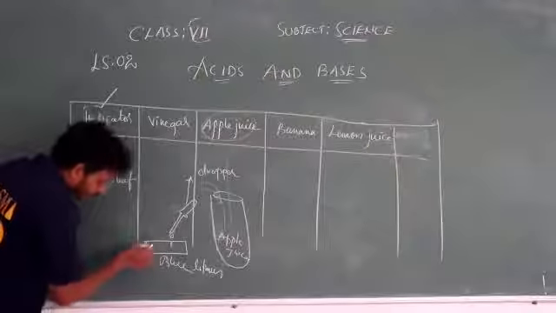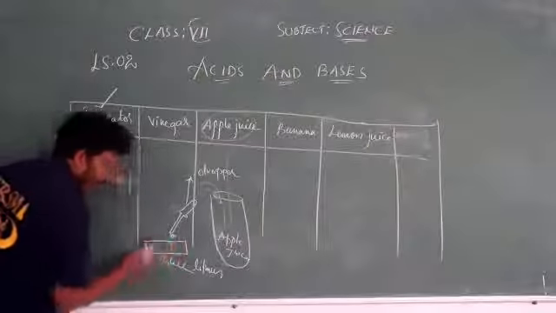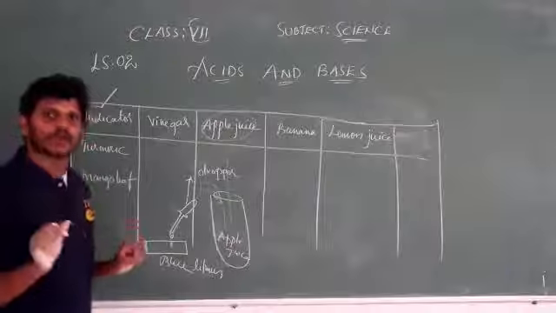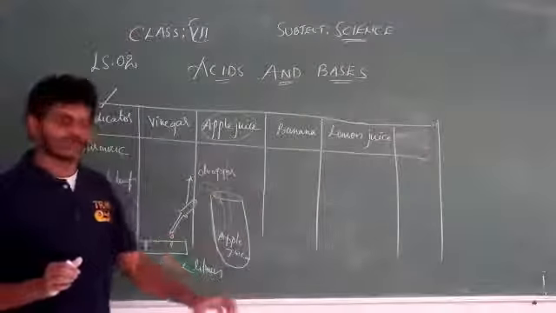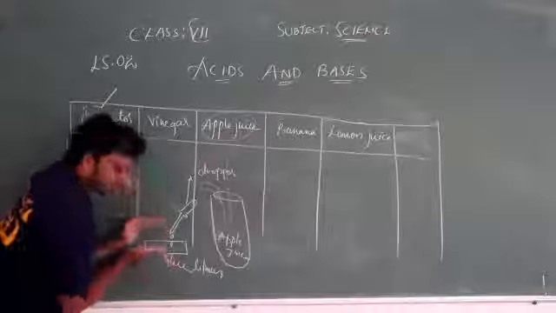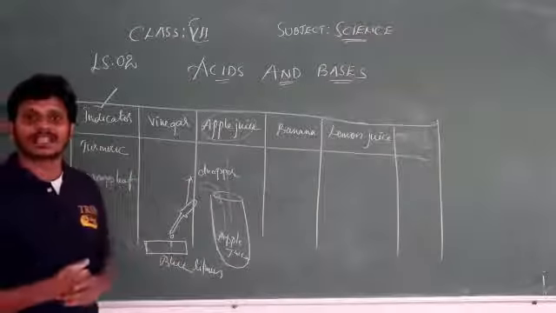So this blue litmus paper, which is helpful for us to find out whether the given sample is acidic or basic, we call an indicator.